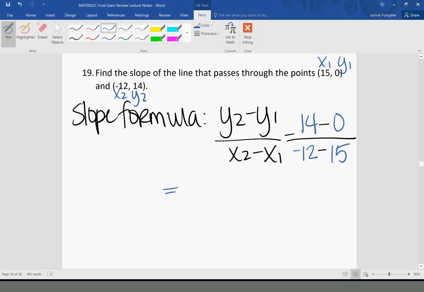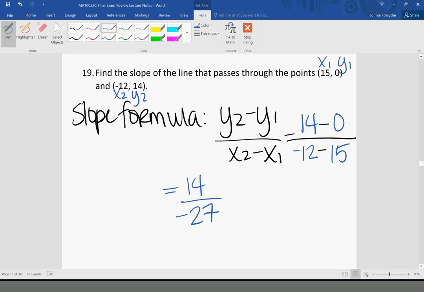So 14 minus 0 is 14, and then negative 12 minus 15. It's the same sign, so I'm going to keep the sign and add. So 12 plus 15 is 27.